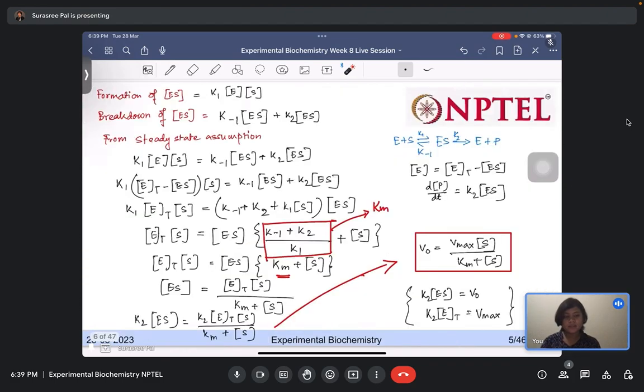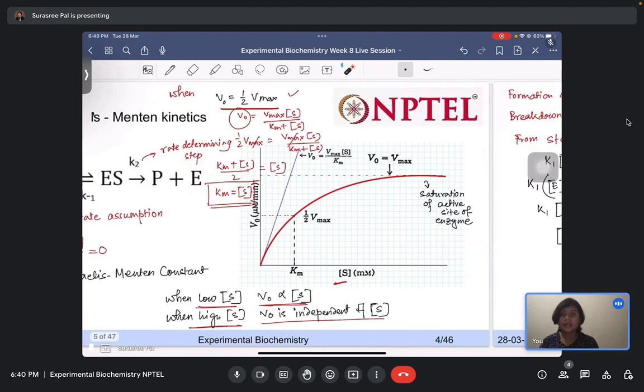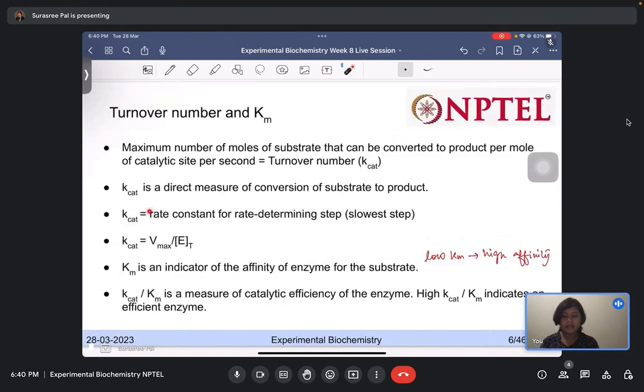In this particular Michaelis Menten kinetics, we were talking about K2 as the rate determining constant, right? Because when this enzyme substrate complex breaks down to form product and the enzyme, that is the rate determining step, or the slowest step. So the rate constant of the slowest step is the kcat value. Here the kcat for Michaelis Menten is K2, and kcat can also be written as kcat equals Vmax divided by total enzyme concentration.